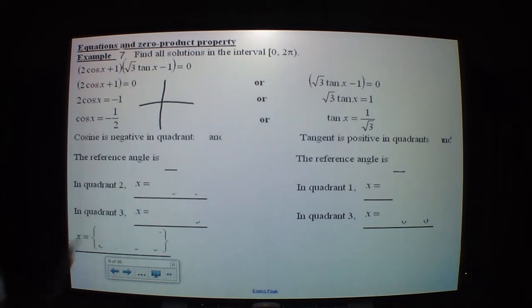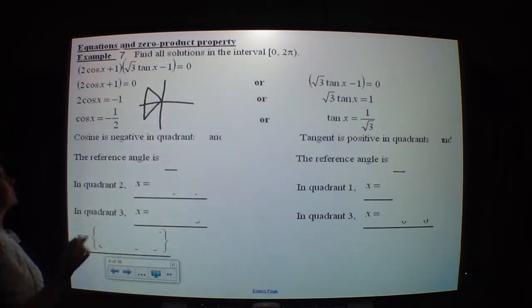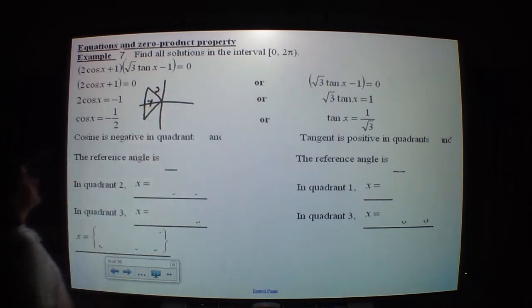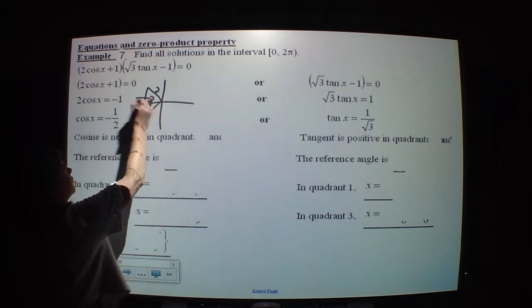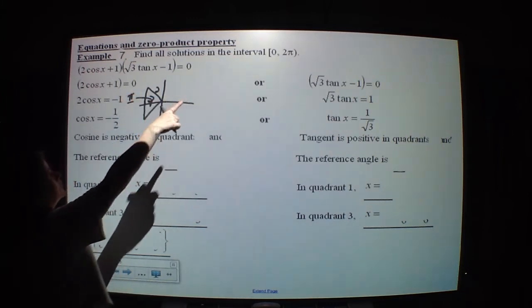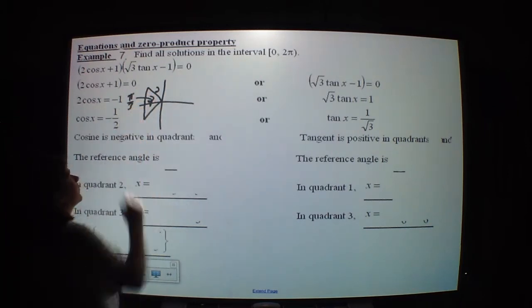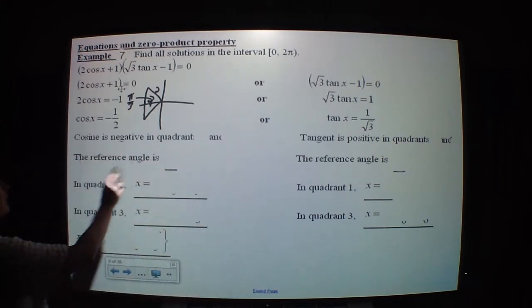Cosine is negative in the second quadrant and also the third quadrant. Adjacent and hypotenuse, so my adjacent side is -1, my hypotenuse is 2. So I hope you know that your reference angle, I'm in radians, is a 60° or pi over 3. Cosine is negative.